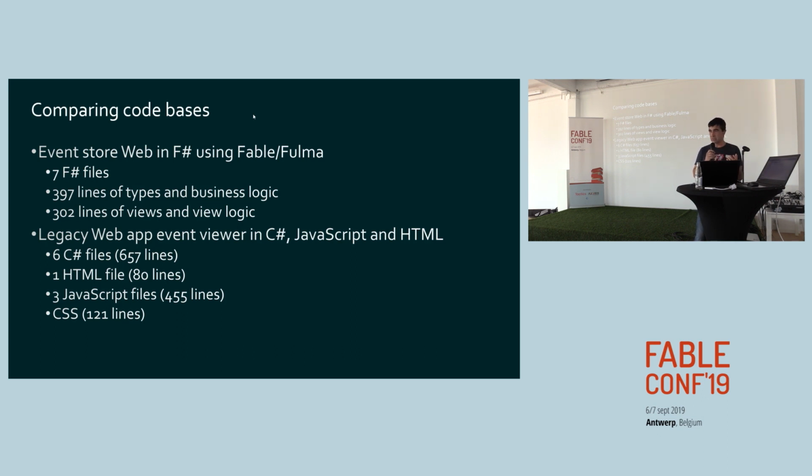This is always the case with F#: whatever you convert to F#, you end up with about half the number of lines. But what is actually more complicated is that it was for different languages, which you need to learn to properly manage it. Now it's all in F#, and it's half the number of lines. So that's also quite an important conclusion for us, that we can be quite efficient.